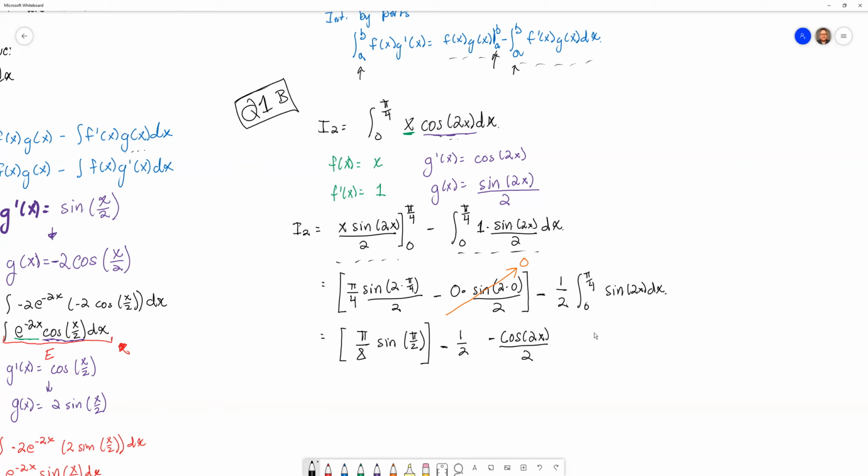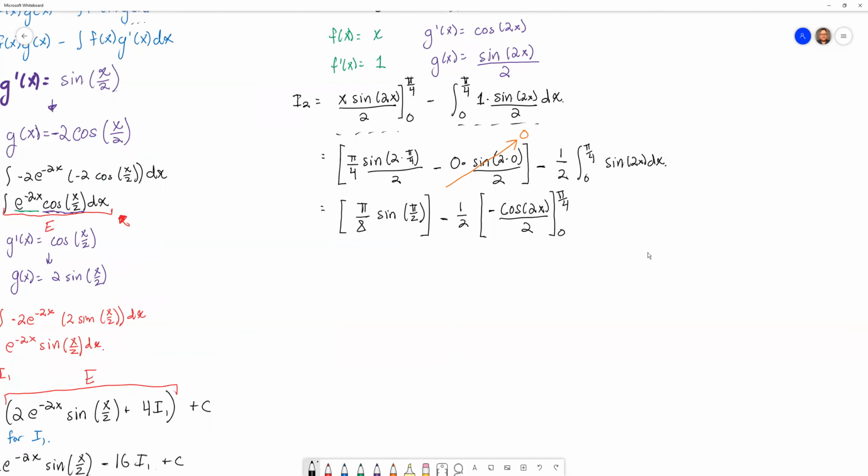And that's just because that 2, when it comes out, if we were going the opposite direction, so if we're deriving this, then the 2's would cross out, and from cos to sine, we have to add that negative. That's why we add that negative there. And so then this is also from the range 0 to pi by 4. Okay, and sine of pi by 2 is just 1. So this is just pi over 8 minus 1 over 2 times whatever happens in here.